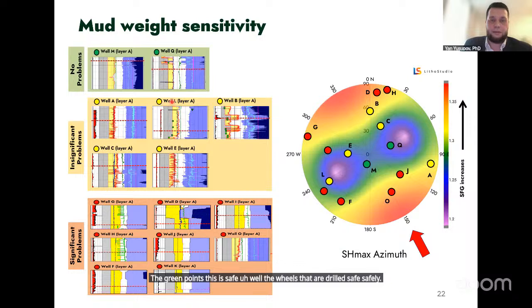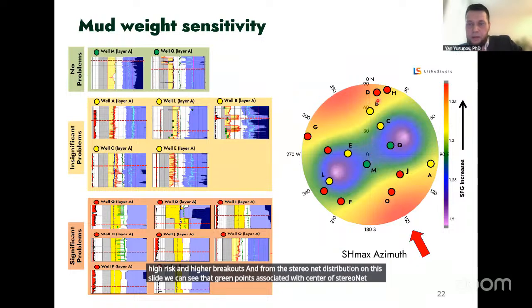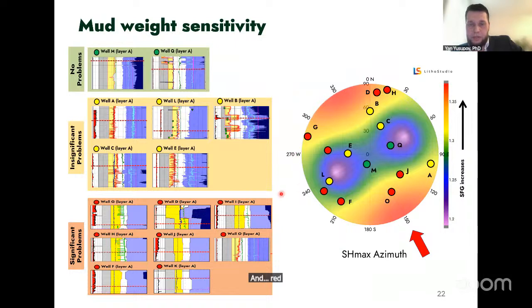The yellow points are moderate risk, and the red points are high risk with high breakouts. From the stereonet distribution on this slide, we can see that green points are associated with the center of the stereonet, and red points are associated with the boundary of the stereonet.